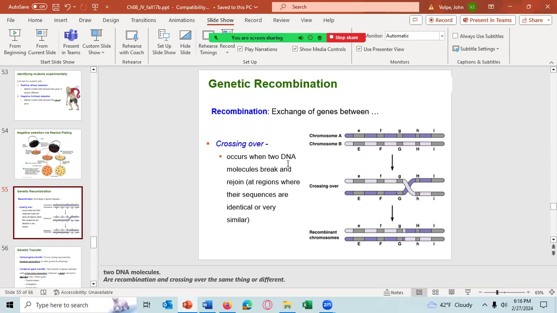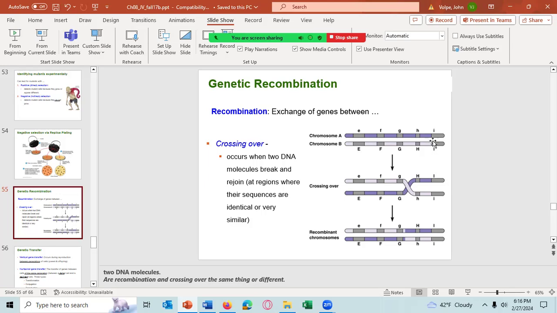Crossing over always involves recombination. Recombination is a little more general, and it does involve crossing over, but you can get recombination from another means, such as when a small region of one chromosome moves from that chromosome to, let's say, the mother's first chromosome.